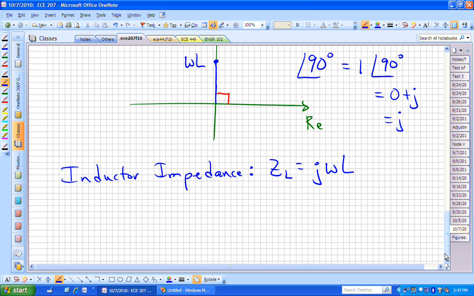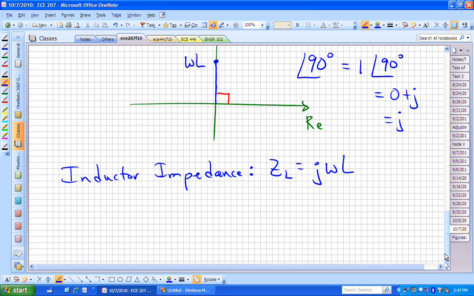All it's doing is storing energy in the magnetic field around that coil. If you're operating this with a sine wave, going positive, negative, positive, negative, it's going to energize the magnetic field and then collapse it. Energize, collapse. And when it collapses, what's it doing?